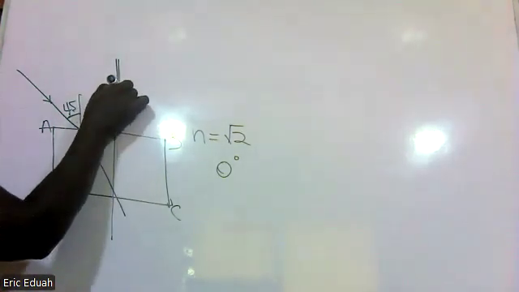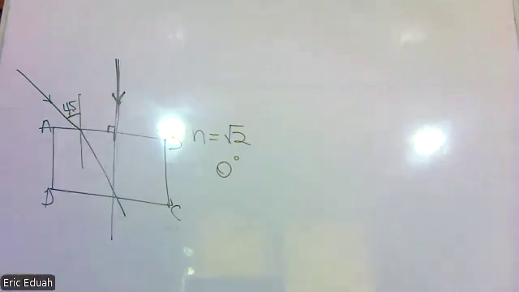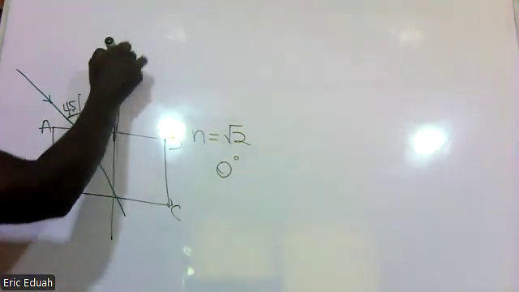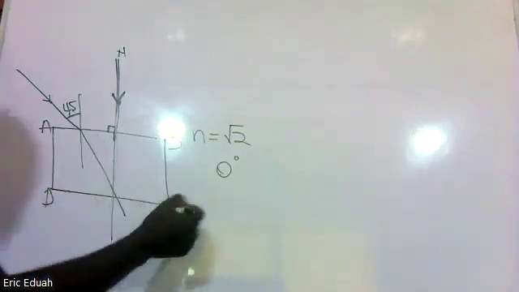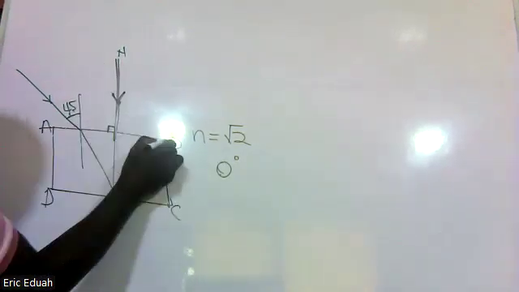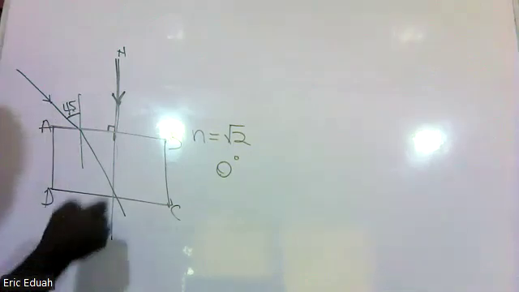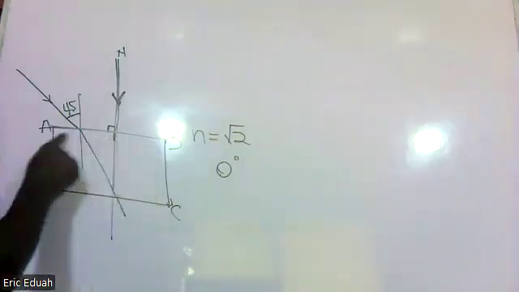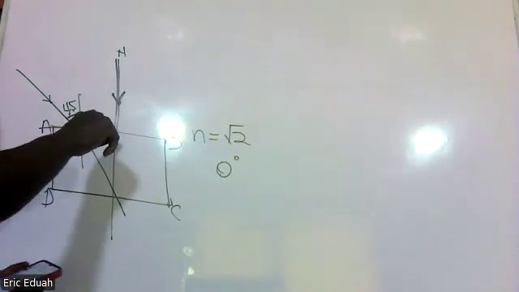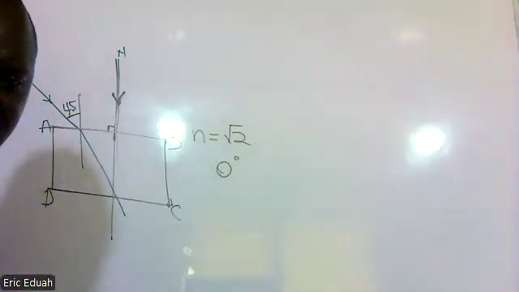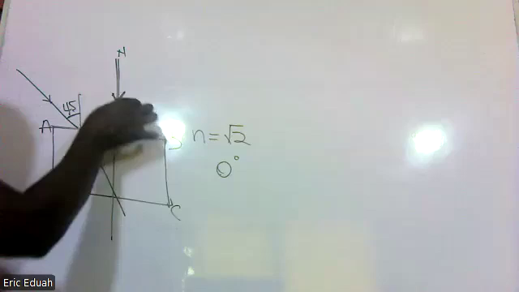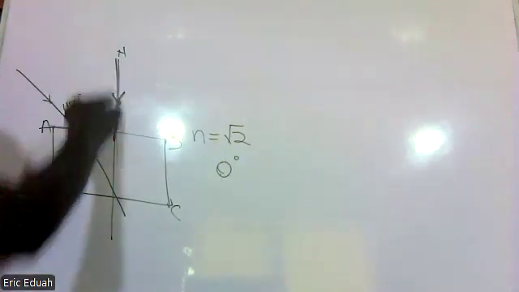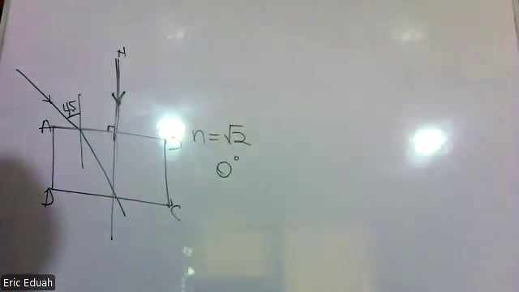So if the ray is along the normal, the angle between the normal and the ray itself is 0, meaning the ray is perpendicular to the surface. It is only under this condition that the ray will go without deviation. So once i is 45, the answer A is not correct.